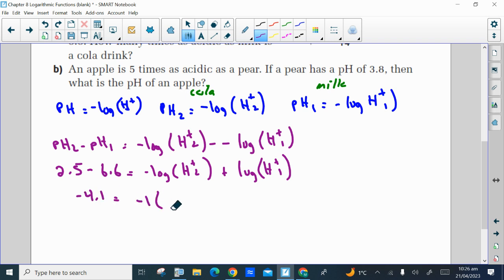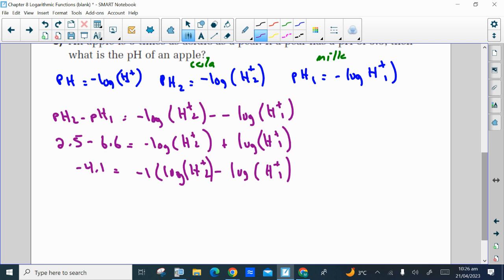Again, I'll take out a common factor of negative 1 on the right, which will give us log of H positive 2 minus the log of H positive 1. I will divide both sides by negative 1, which will give me positive 4.1 on the left. And I'm left with what's inside the brackets, which again is a subtraction statement.